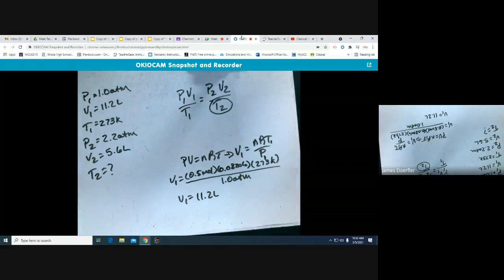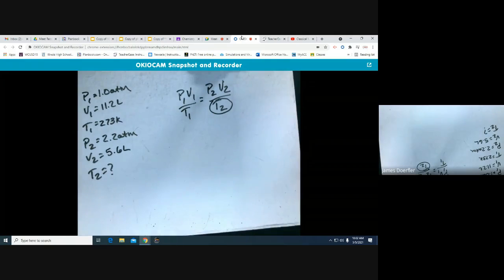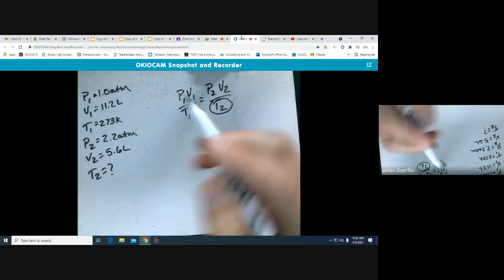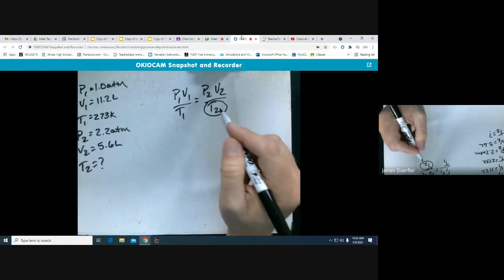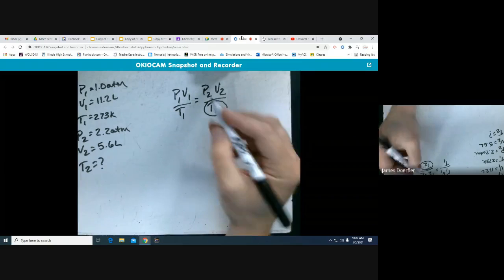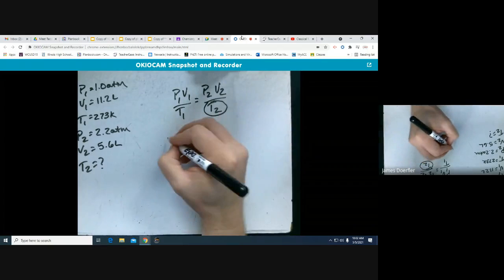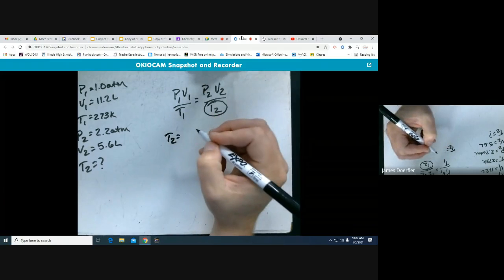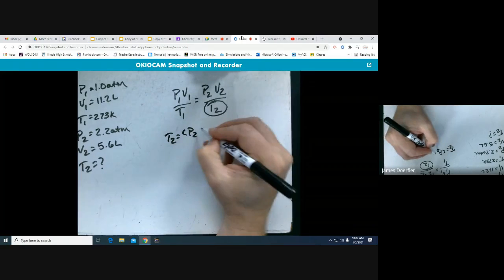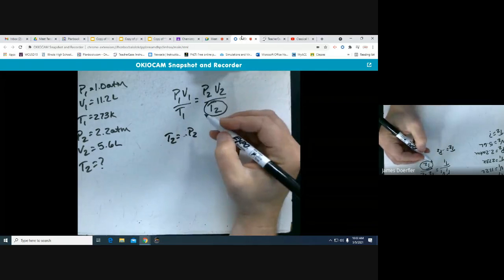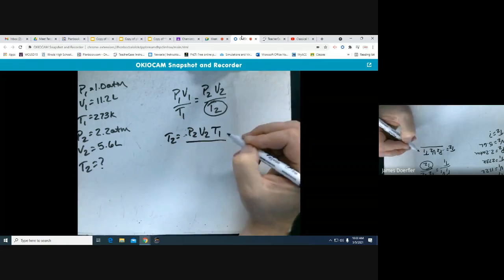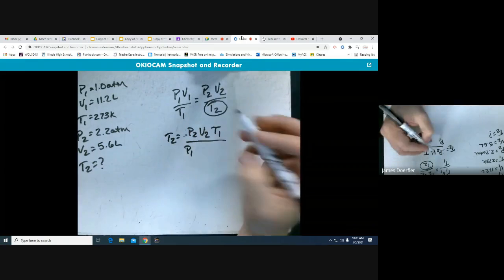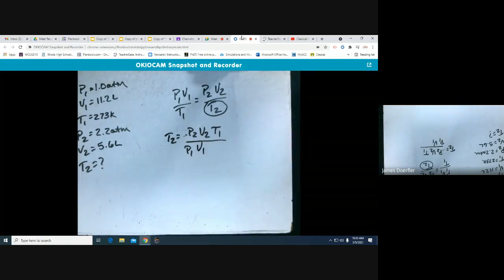All right. So now we used PV = nRT to get our volumes. And now we can go back to our combined gas law formula and we can solve for this. So rearranging this to solve for T2, we eventually end up with T2 is equal to P2 times V2 times T1 all over P1 times V1. Lots of moving pieces in that one.